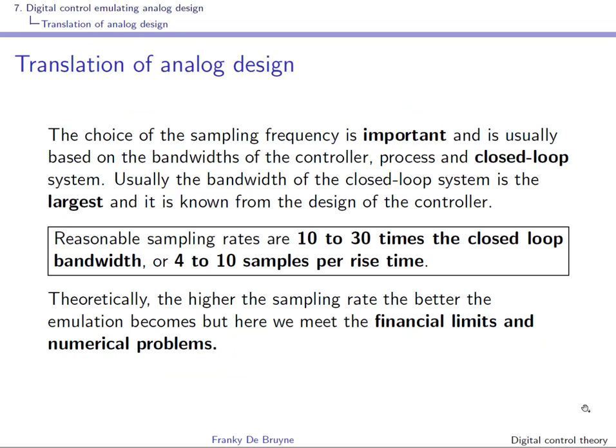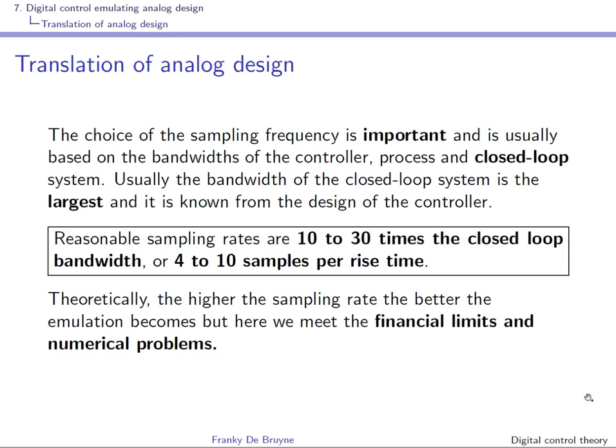We have seen that the choice of the sampling frequency is very important, and this sampling frequency is usually based on the bandwidth of the controller, process or closed loop system. Usually the bandwidth of the closed loop system is the largest, and it is known from the specifications in the control design.